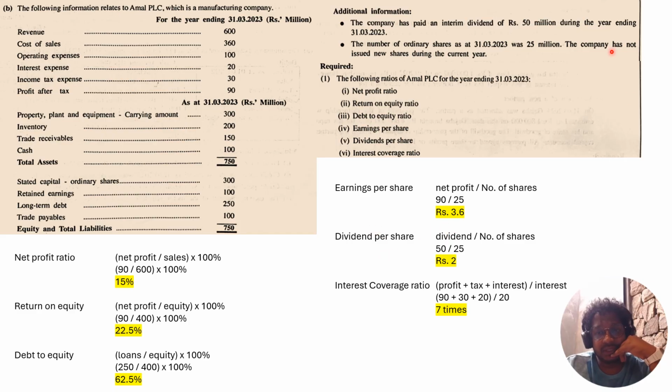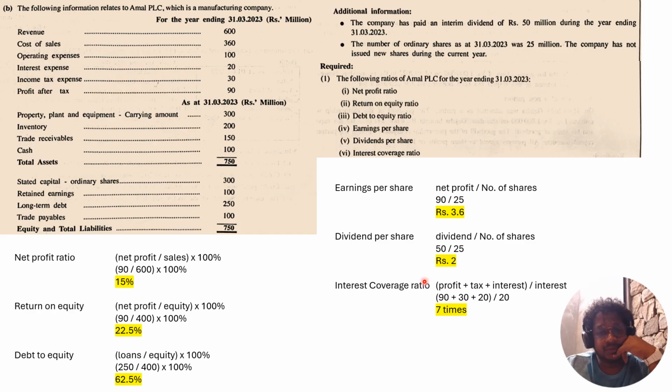And dividends per share. Here the interim dividend you paid is 50 million. So 50 divided by 25, dividends per share is 2.